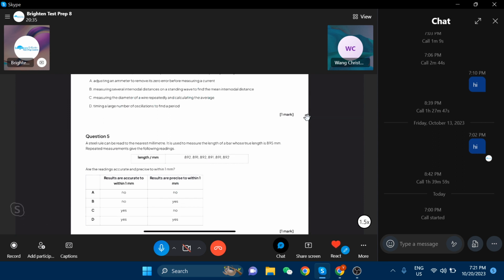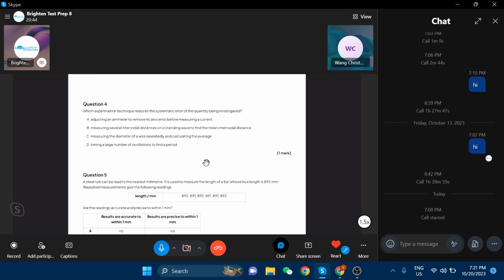Then number 4. So to reduce the systematic error.